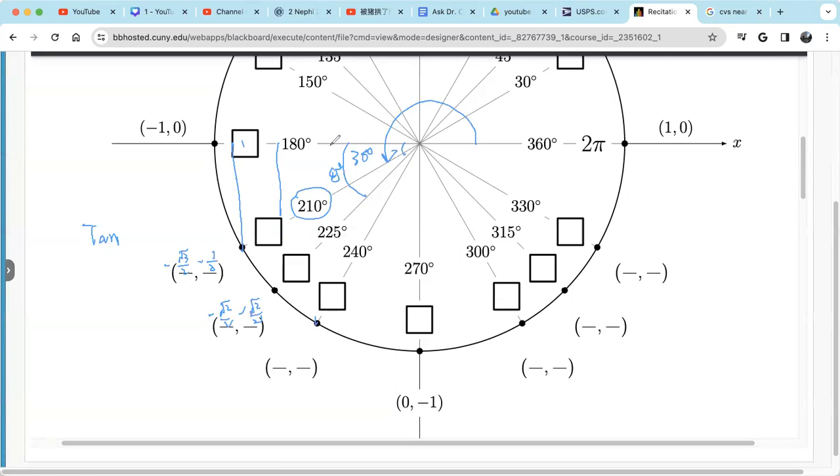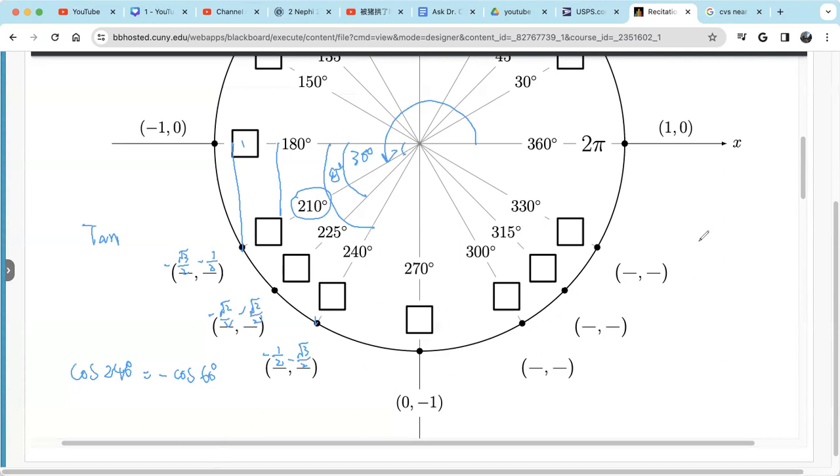The reference angle will be 60 degrees. So cosine 240 equals negative cosine 60, right? And sine is also negative in the third quadrant. So we also get negative √3/2.